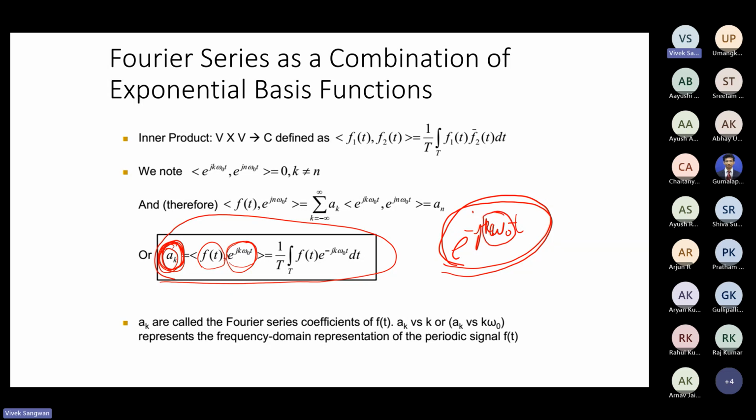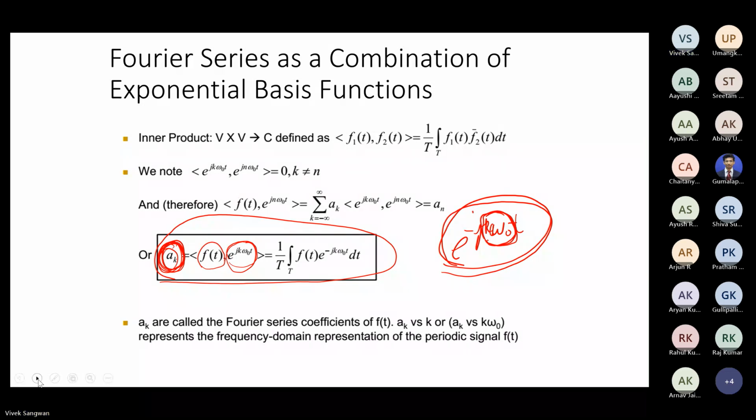So this a_k was telling you how much the frequency k omega_0 is contributing to the original function that you started with. If a_k was small for a certain number, you would know that that particular frequency k omega_0 is not contributing that much to your function.